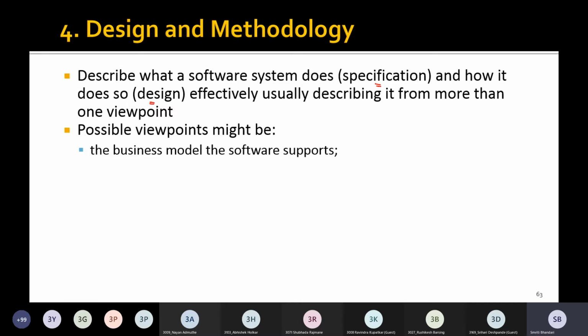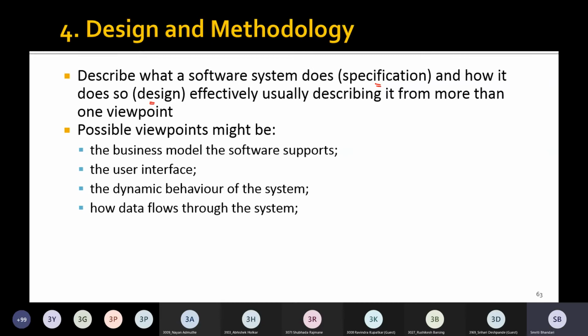So you should refer to the viewpoints like the business model and the software support, the user interface, the dynamic behavior of the system, how data flows through the system. So you may come up with data flow diagrams. Okay, then what data types are implemented in the system?